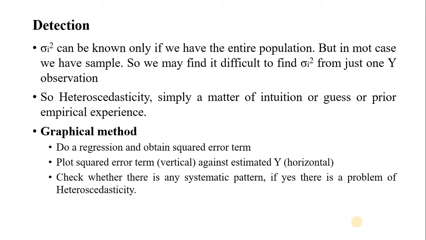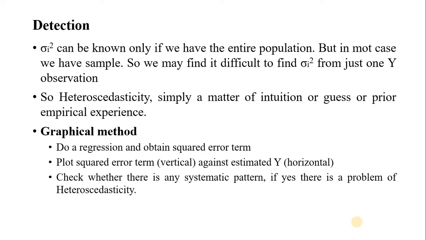In our examples we had entire populations, with different observations in each income group, so it is very easy to find the variance. But most of the time we have only a sample, not the population. With a single observation we cannot find the variance; variance can be found only for a group of observations.